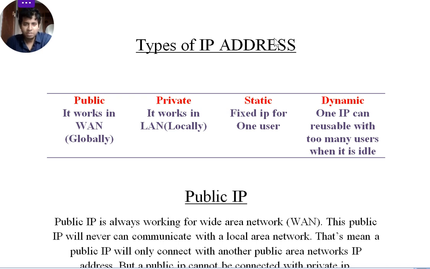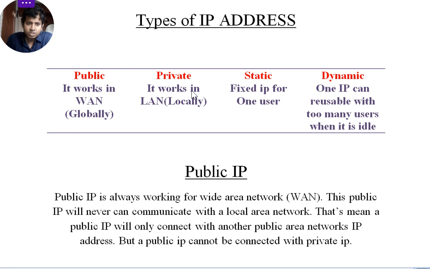The first is public IP address, the second is private IP address, the third is static IP address, and the fourth is dynamic IP address. Everyone has their own work, and major differences are also included, so I am going to discuss that.